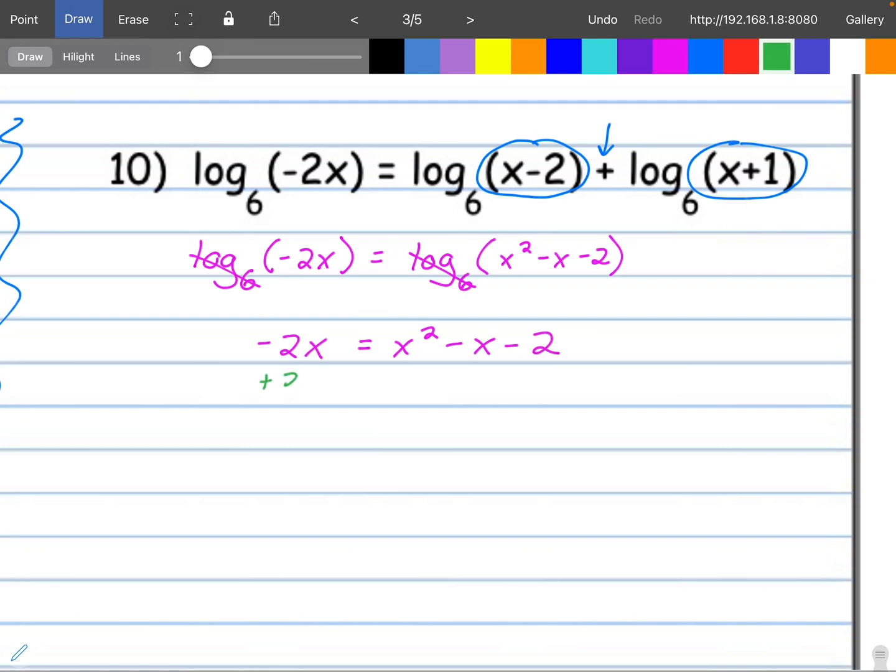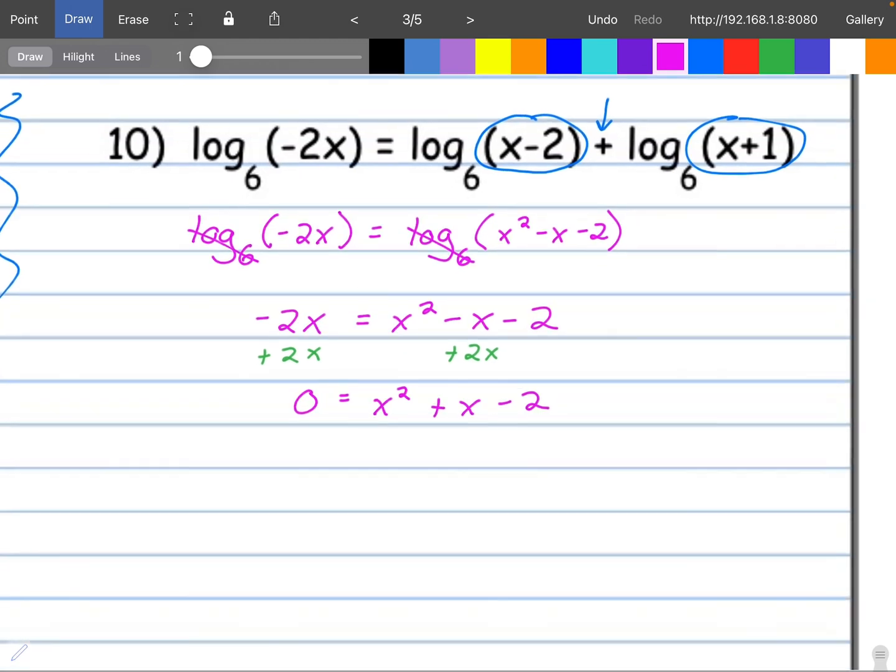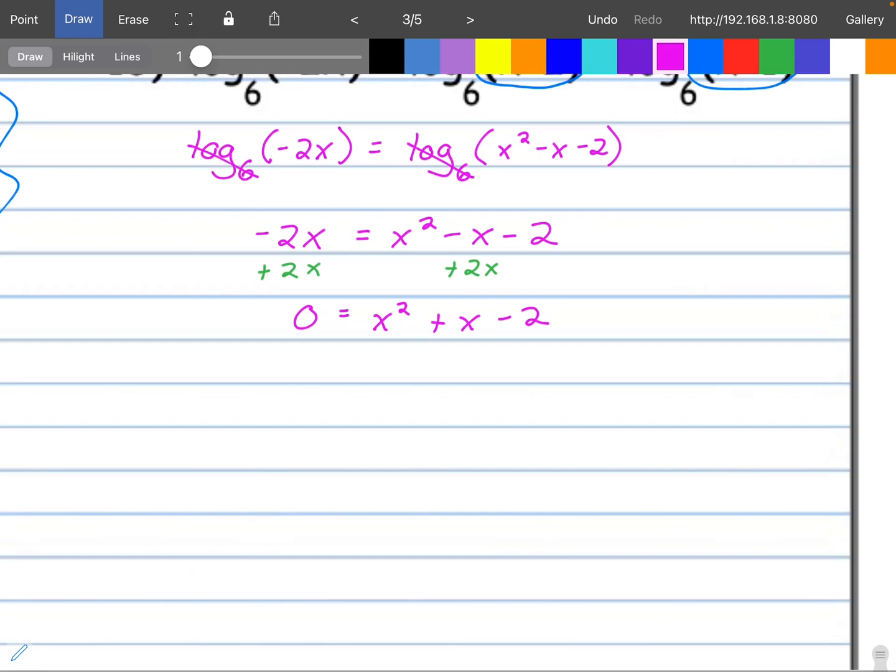So in order to get everything on one side, I'm going to add the 2x to the negative x, and then that's going to give me 0 equals x squared plus x minus 2. And then I want to try to factor this if I can. And by the way, if you don't like your equal 0 over here, you can put it over here. It's the same thing.